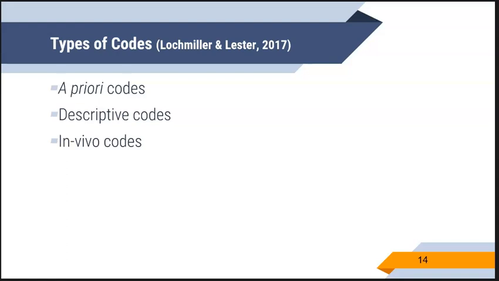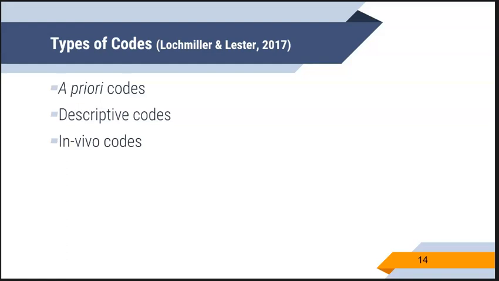You have your theory. You want to see how it's represented or applied to the data. This is essentially a deductive approach to qualitative coding. You do see this one, but it's not the most frequently used. The most frequently used types of coding procedures would be descriptive or in vivo.